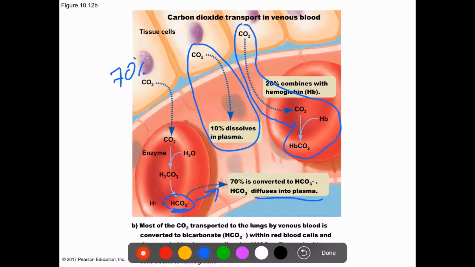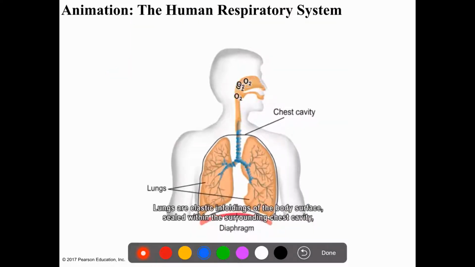To convert into bicarbonate, CO2 has to enter the red blood cells. There is an enzyme there that will convert the CO2 to bicarbonate, and then this bicarbonate will be sent out to the plasma and transported as a dissolved ion within the plasma.